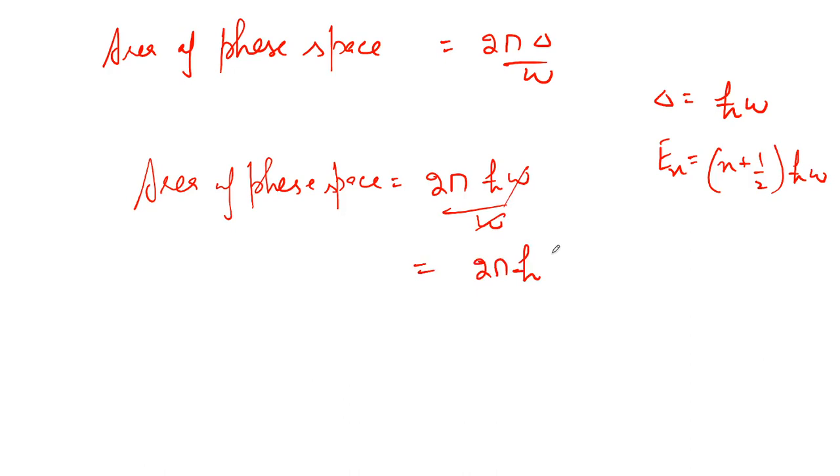So for arbitrary values of E and delta, the number of eigenstates within this allowed energy region is very nearly equal to delta over h bar omega.